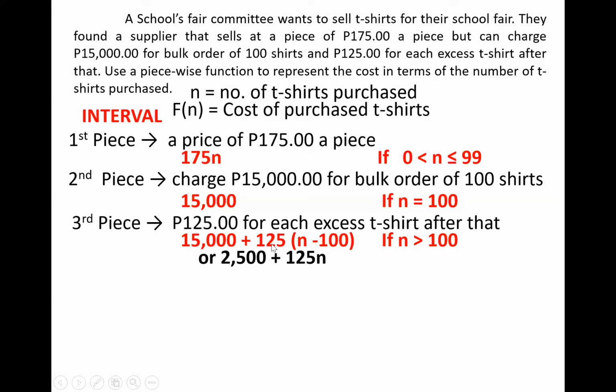And that is why 125 times n gives us 125n. And then 125 times negative 100 will give us 12,500. May 15,000 pa. So 15,000 minus 12,500, that is 2,500. Okay? Either ways, pwede nyo gamitin.